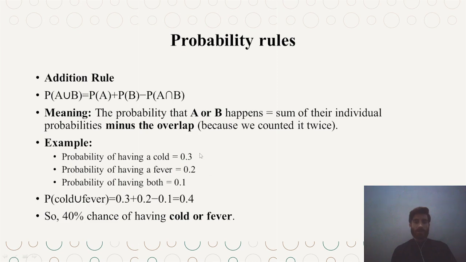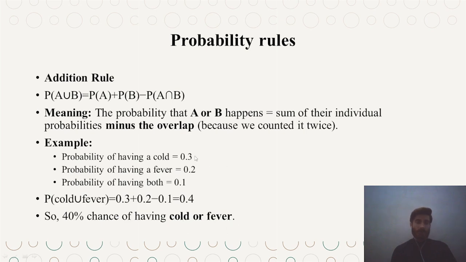It is 0.3 and 0.2. But if there is an overlap, we will subtract it from these two. So the probability will come as 0.4. Now it shows us a 40% chance of having a cold or a fever.